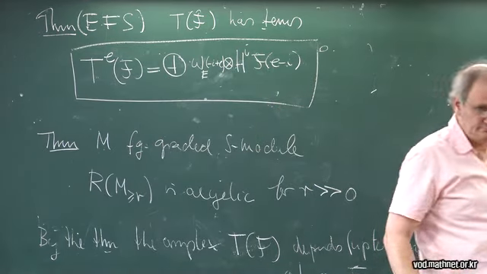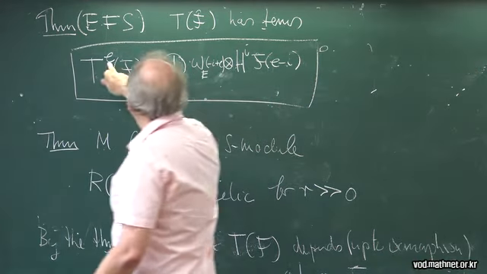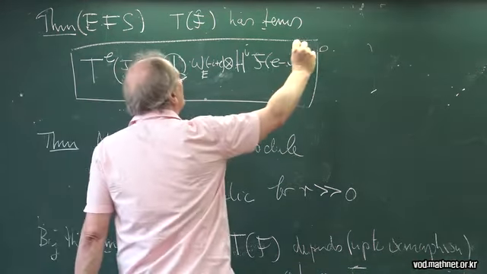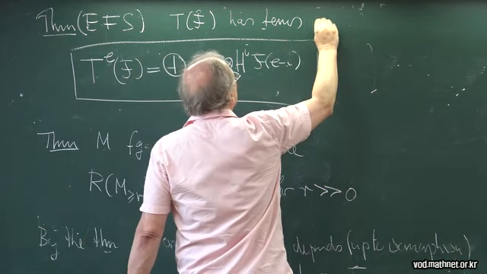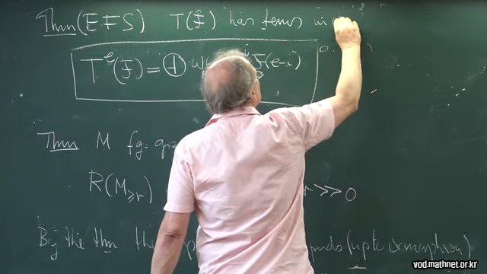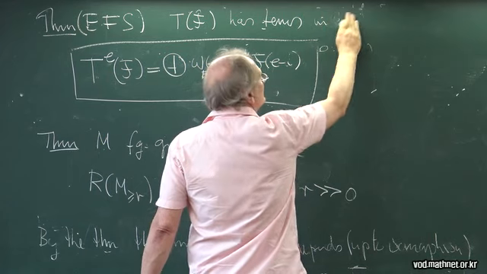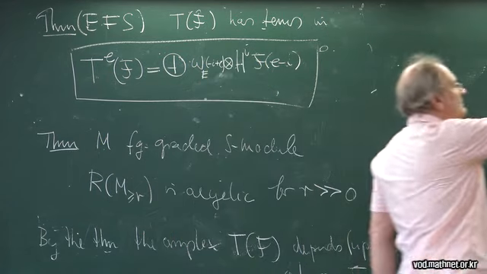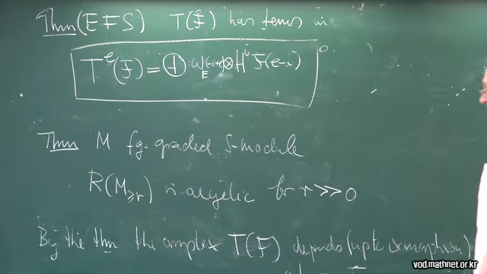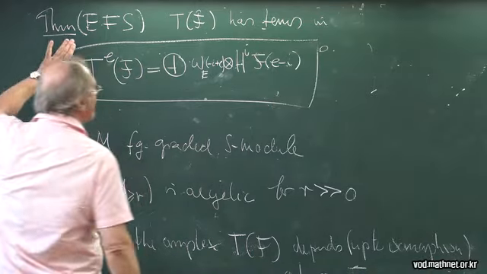What is small e? e is the homological degree, as term in cohomological degree, this is the upper index here.